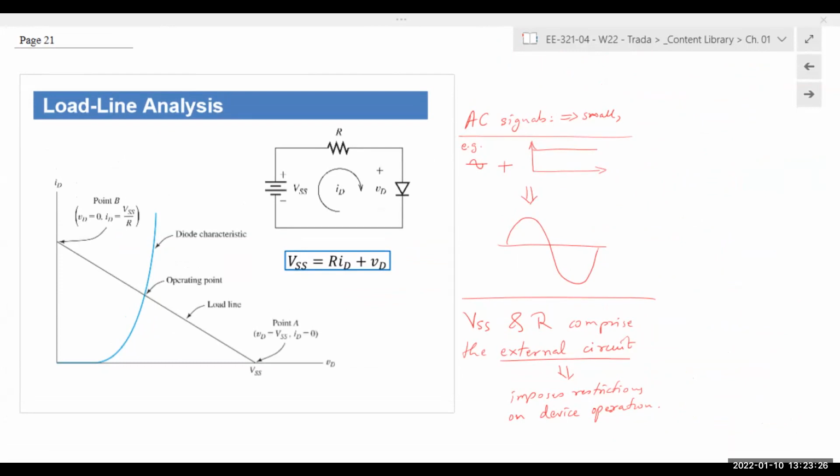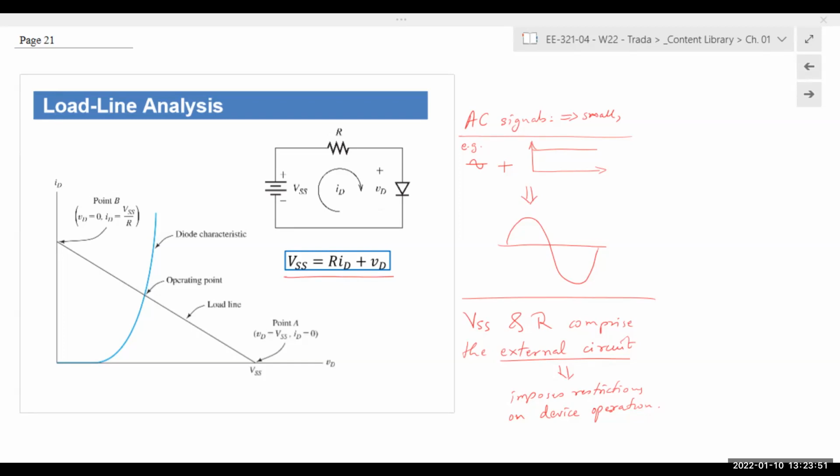Okay. So in this circuit, our external circuit is comprised of VSS and R. If you apply KVL around the loop, we get an equation: VSS is equal to R times ID plus VD. Right? It's a simple KVL equation. VSS is your source, supplying some voltage.